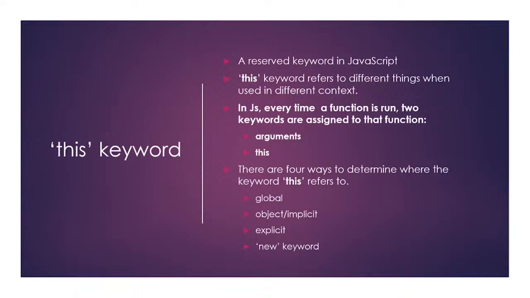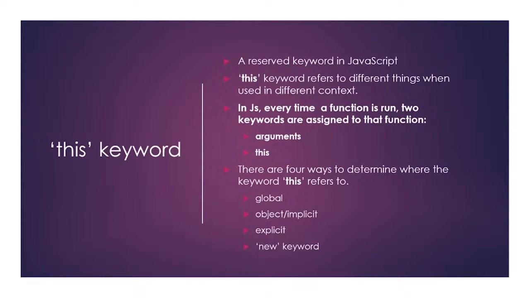The this keyword is really important in JavaScript, and it's the quirkiest part of JavaScript. Even experts get confused with this keyword many times. It's useful in many cases, and it needs a lot of practice to master. It is so complicated because this refers to different things when used in different contexts.